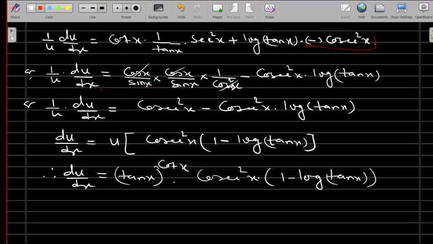From this simplification we find cosec square x minus cosec square x times log tan x, and du by dx equals u times cosec square x common, 1 minus log tan x. And u is what we supposed, tan x to the power cot x, times cosec square x times 1 minus log tan x. This is the value of du by dx.